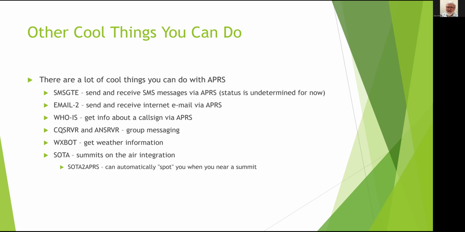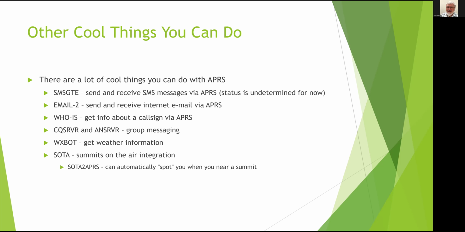You need to go to the SMS Gate site and look at the notes that they have there to get the full story. Email 2 lets you send and receive email. Some of the stuff requires you to set some things up beforehand before you actually try to do this, because these things might end up on RF, and we don't want to be breaking the rules of the FCC when we are talking on RF, right?